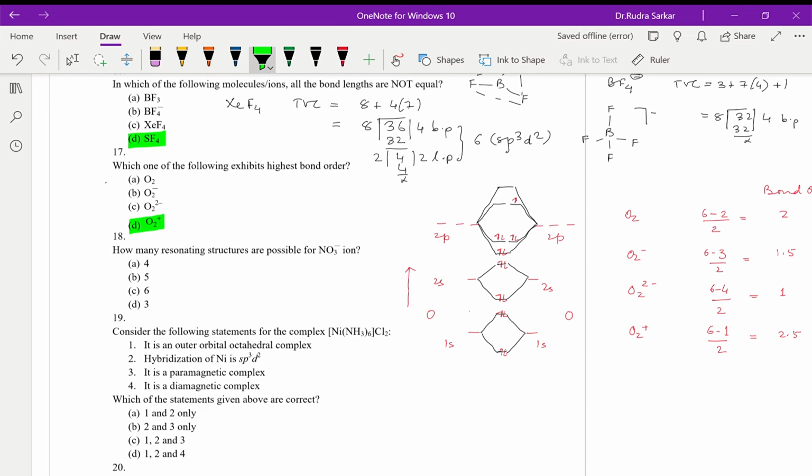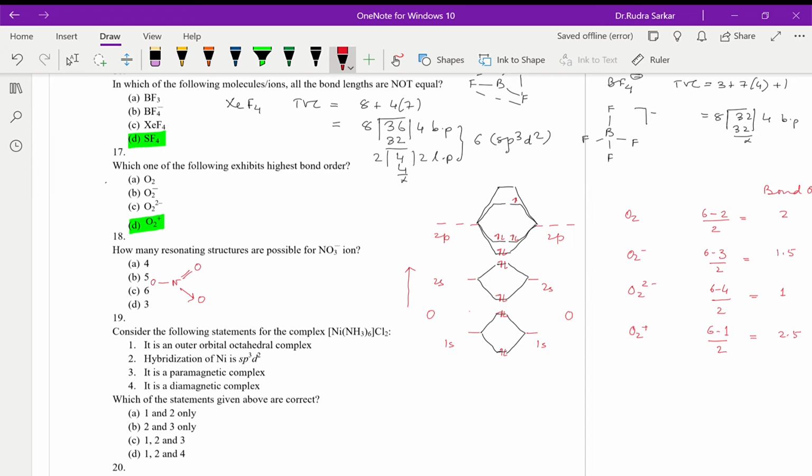In question number 18, they have asked how many resonating structures are possible for NO3 minus ion. So let's see the structure of NO3. The structure of NO3 is something like this.